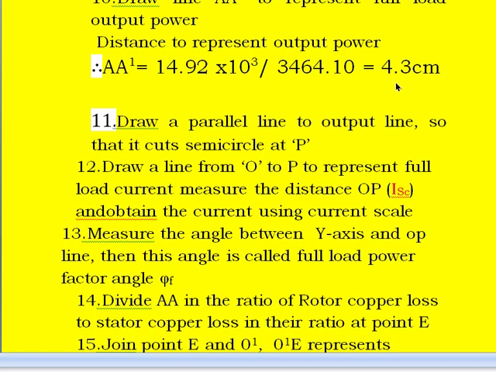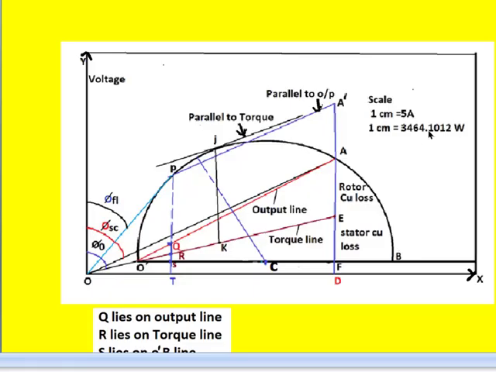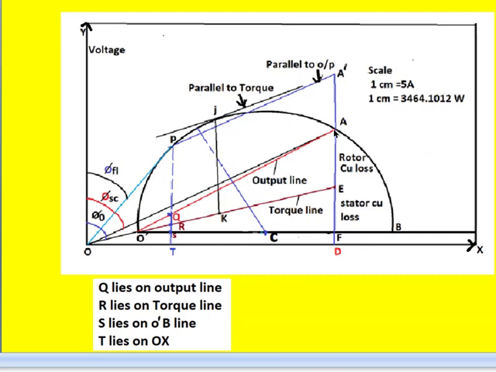So we get 4.3 centimeters as the length of the full load output of the motor. From here we draw a line whose length is 4.3 centimeters. That represents the full load output of the motor.